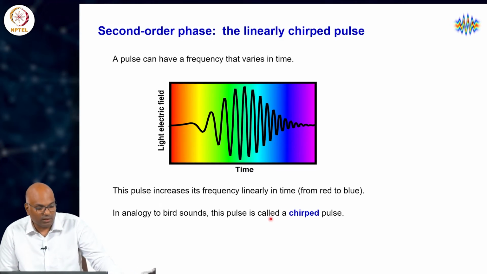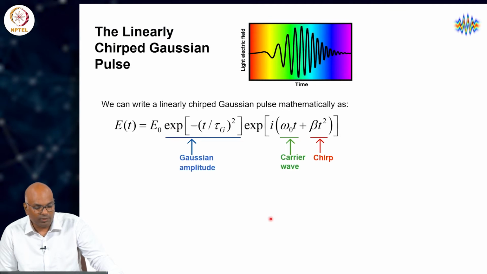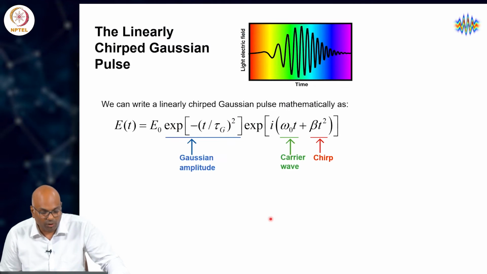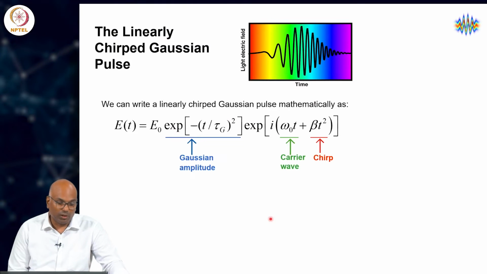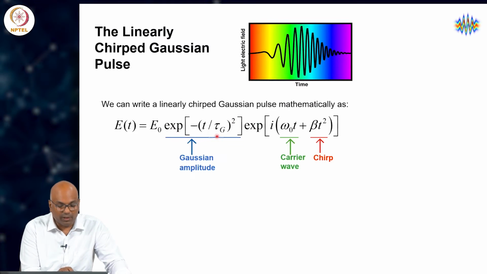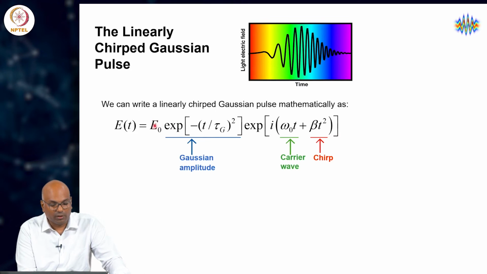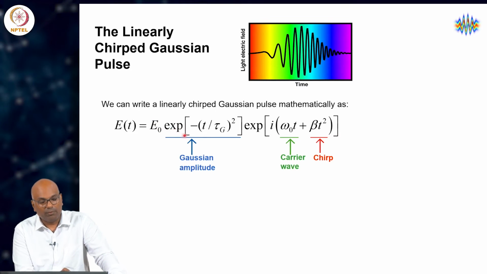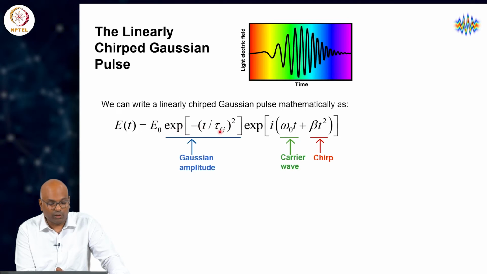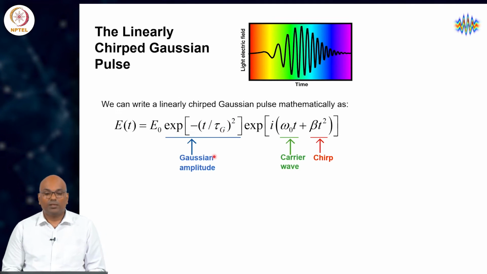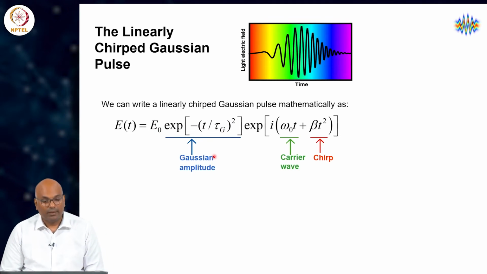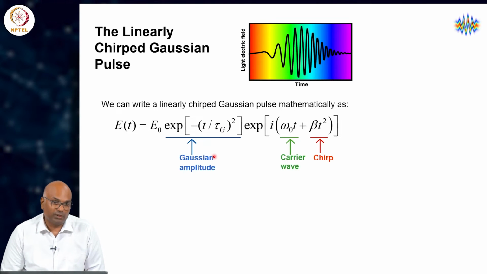Okay. So, this is a very essential consequence, and in order to describe such a scenario for a Gaussian pulse which is linearly chirped, we took a Gaussian amplitude function with a constant E naught multiplied by the exponent of minus (t by tau g) squared. Tau g is related to the full width at half max of the Gaussian.